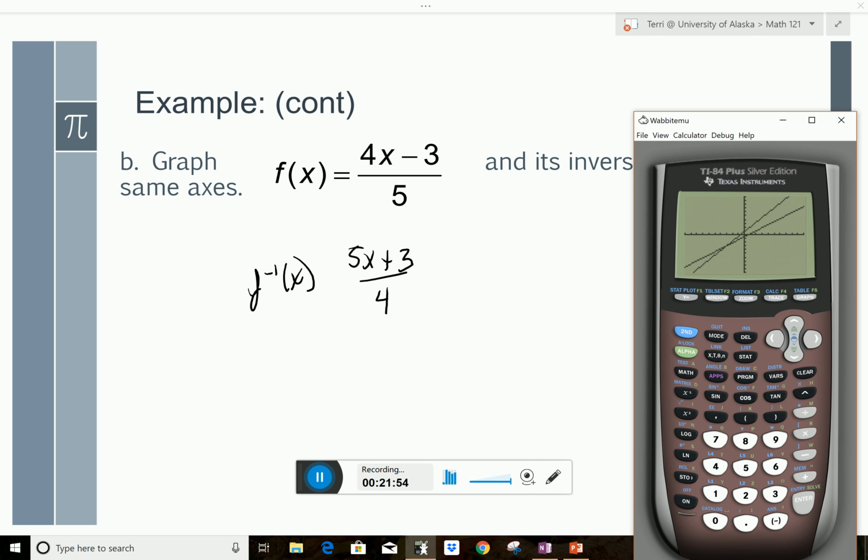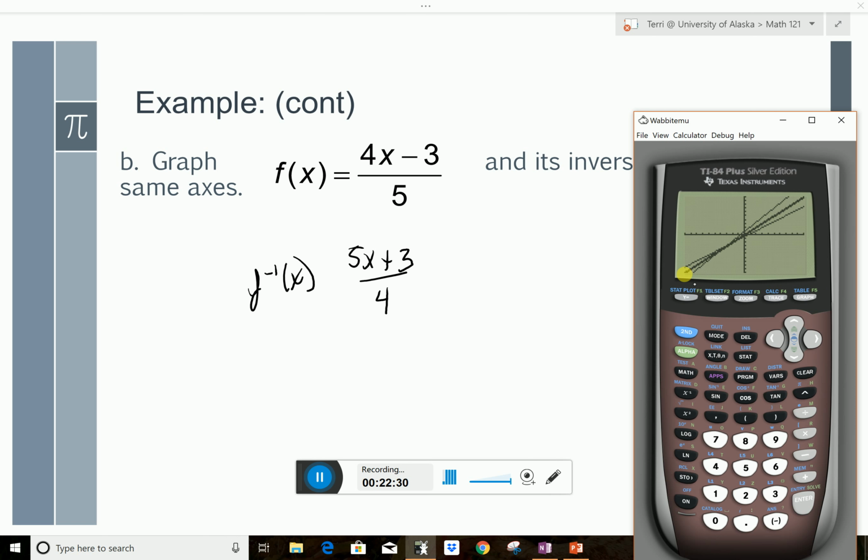However, if I were to put the line y equals x on here, which I'll go ahead and do, I'm going to make that a heavier line so you can see it a little better.